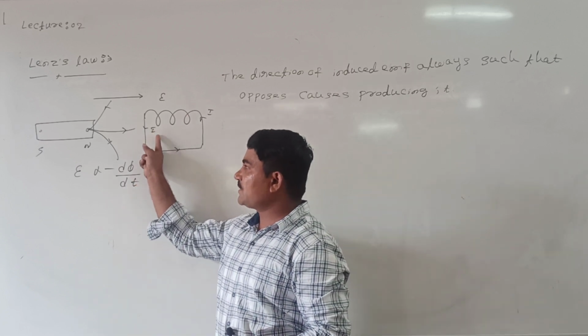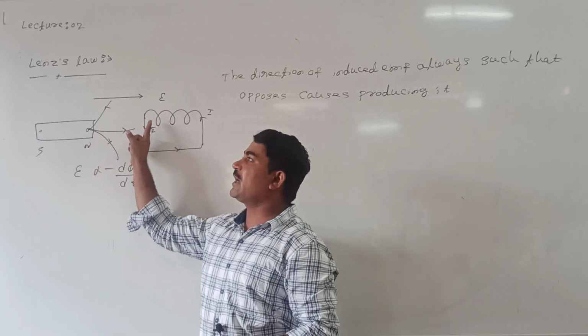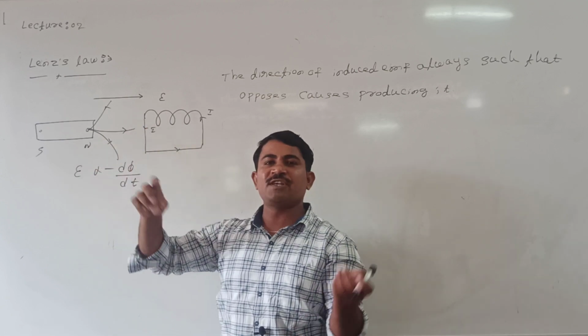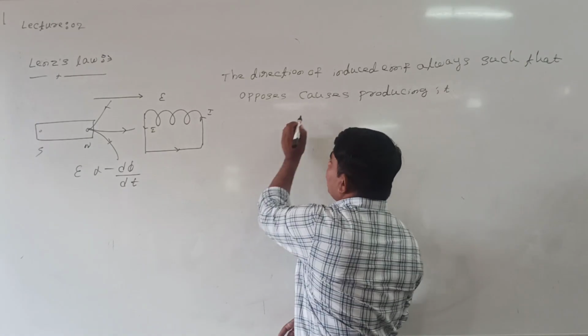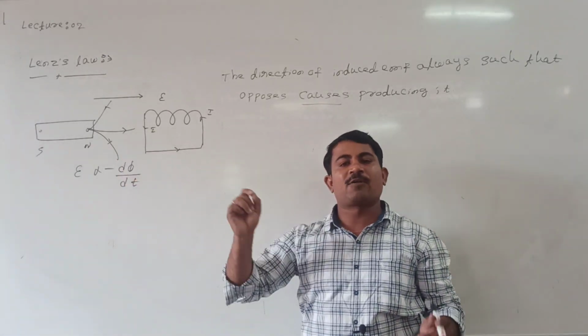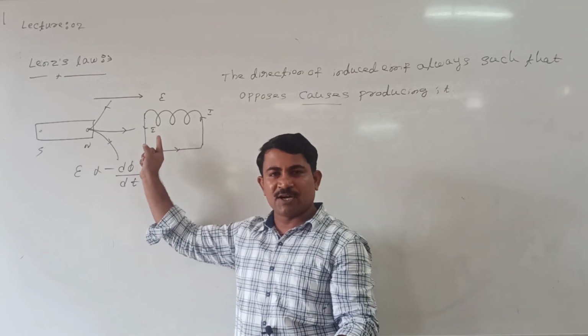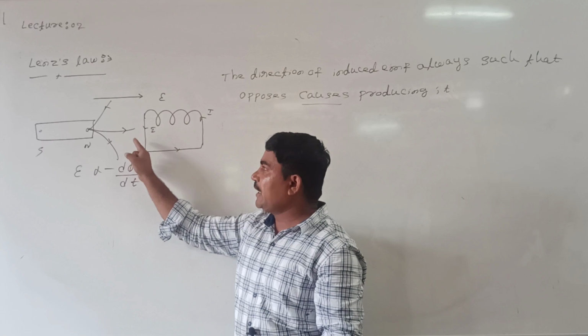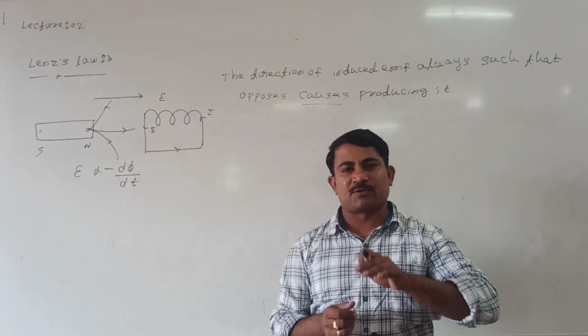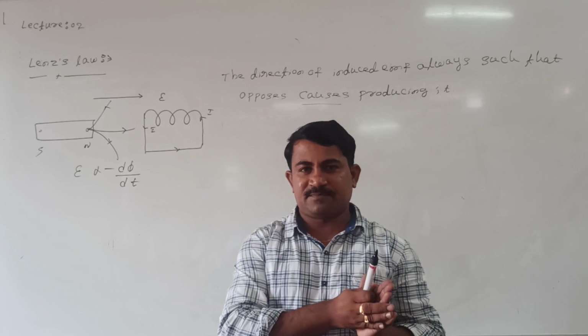This current comes due to the change in magnetic flux, and the induced current opposes the motion of the magnet. What is the cause here? Cause means either the motion of the magnet or the change in magnetic flux by which EMF is induced. To that cause, the induced EMF opposes. That is the Lenz law. How it opposes, we will see in detail now.